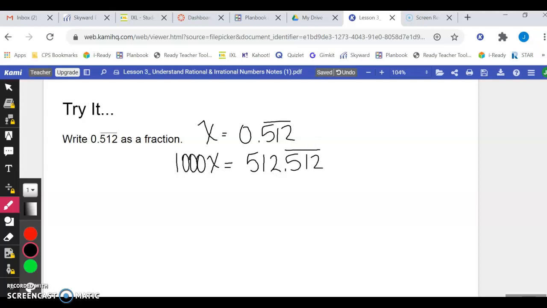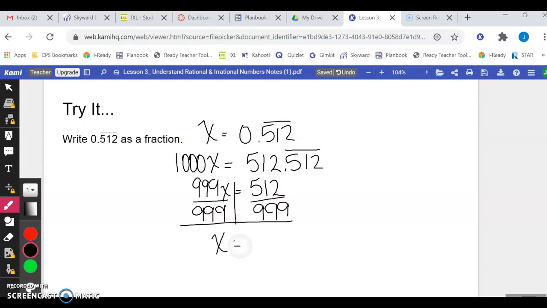Then we're going to take off 1x from the 1,000x, so we're going to have 999x left. And we're going to take off that 0.512 repeating, so we're just going to have 512 left. And then we're going to divide both sides by that 999. So we have x equals 512 over 999.